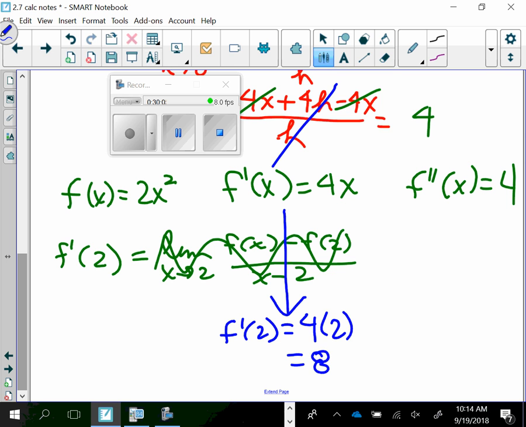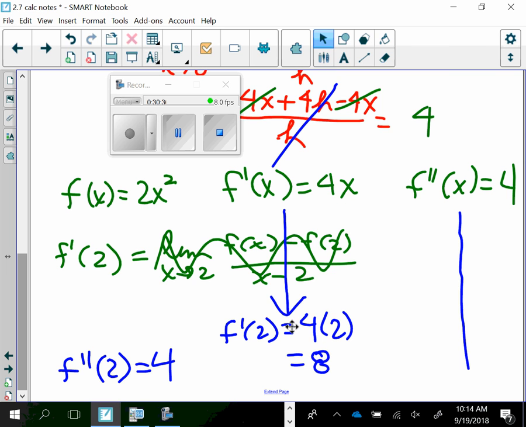Good job, Sophia. All right, tell me what f double prime of 2 is. There's nowhere to put the x, so every single value of f double prime is going to be 4.